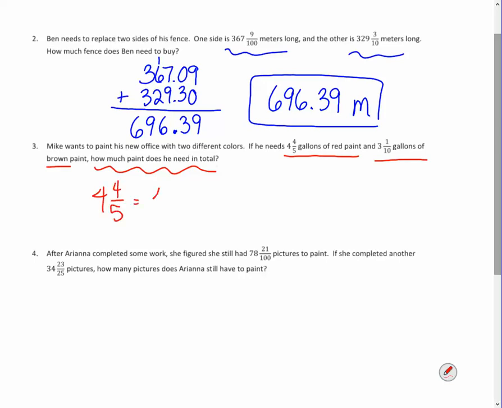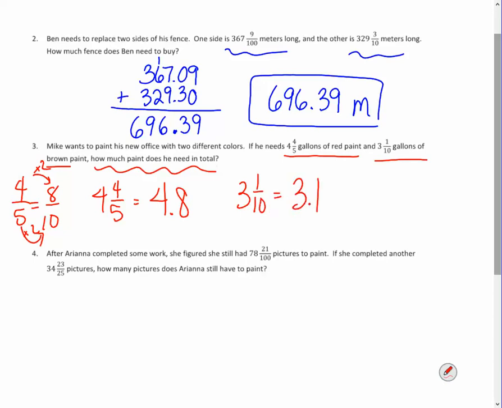That's going to equal 4 and the 4/5 part. If you take 4/5 and scale it up to tenths, that's going to be 8/10. So 8/10 you'd write like this. And then we're going to have 3 and a tenth. That would be the same as saying 3.1.